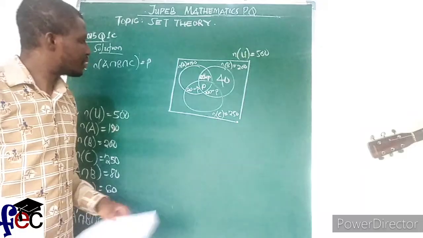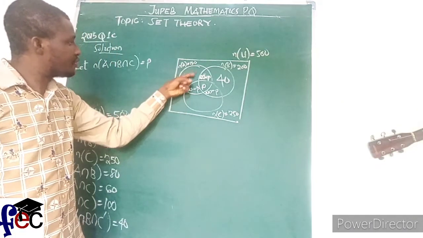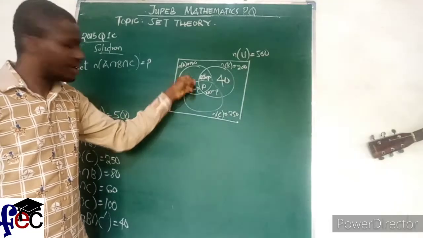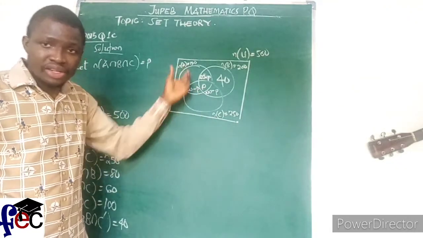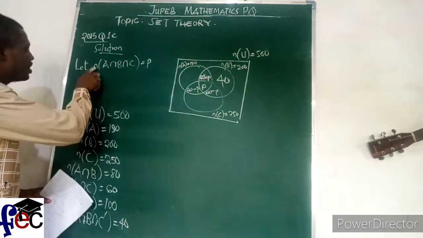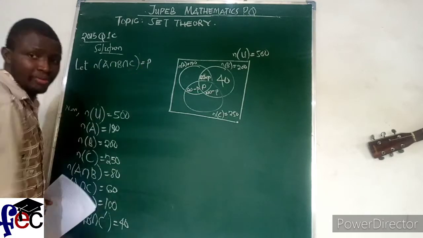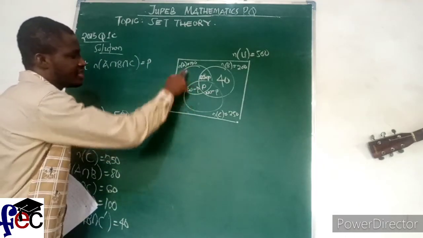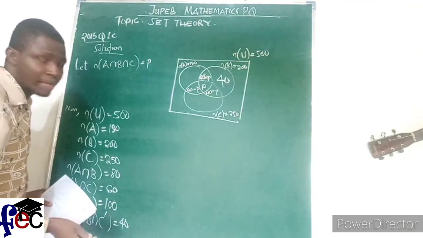So now, have we filled up the whole spaces? No. We still have those that voted for party A only and those that voted for party C only, but we are not given that from the given information. So I can now say it is not only A intersection B intersection C to be P. I want to represent these places, this region, so that it's easier for me to put solutions to them.